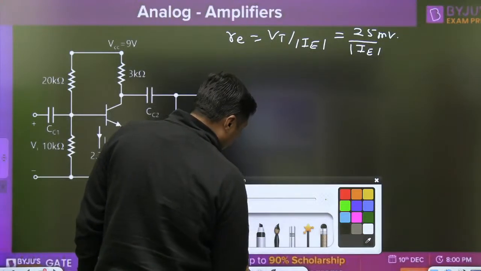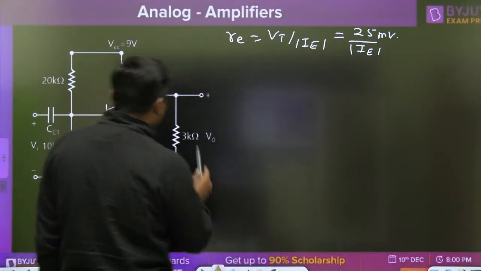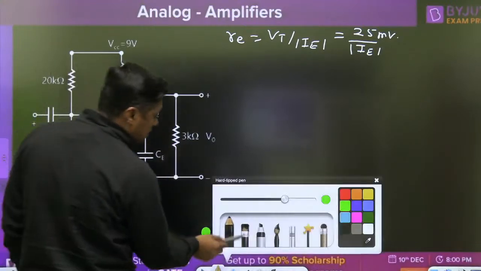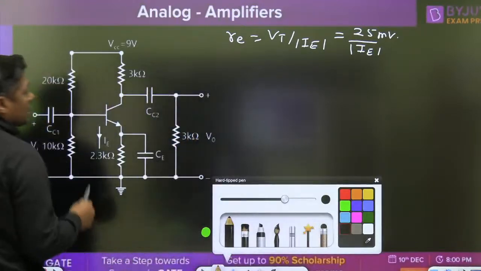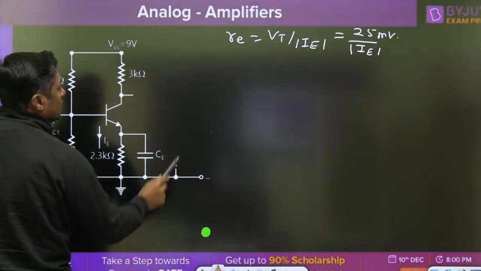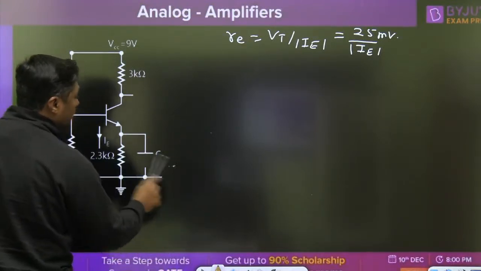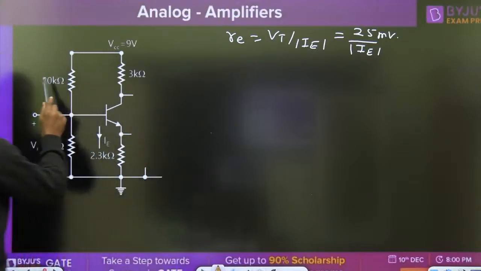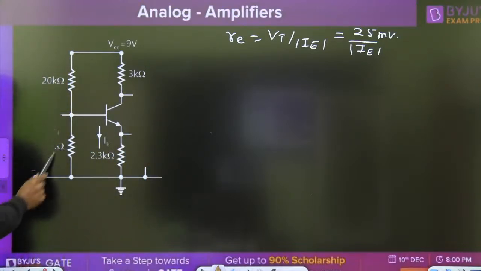Very simple. How do we do the DC analysis? For DC analysis, always remember the capacitor acts as an open circuit. Remove this capacitor, so this resistor is removed. This capacitor is removed, this capacitor is removed.